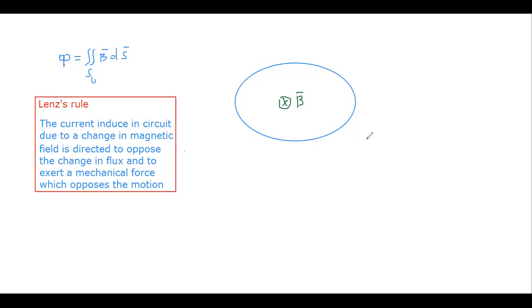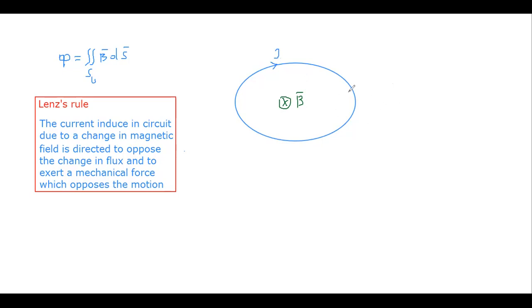So it means that according to the right hand rule, the direction of electric current will be this.